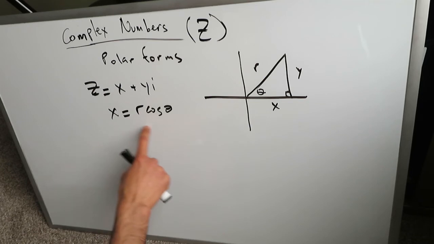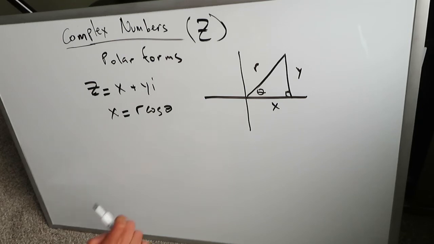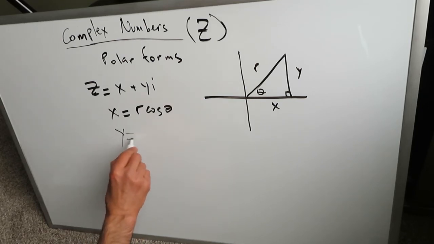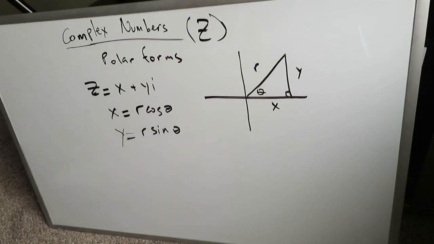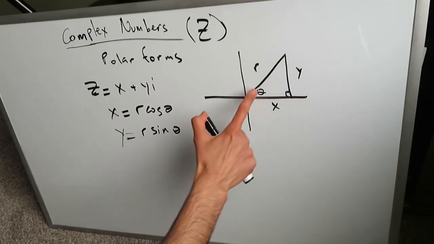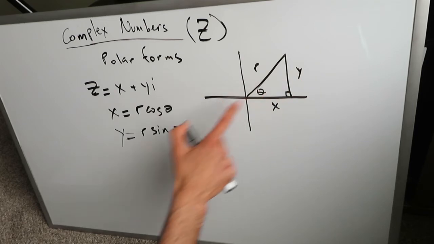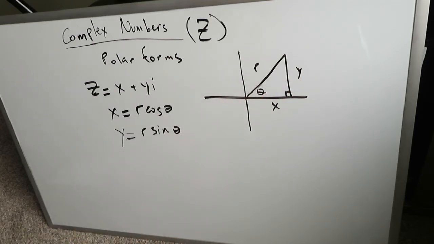Shuffle that around, you'll get x is equal to r cosine theta. Just the basic definition for a cosine function. Now what about y? y will equal r sine theta, right? Again, sine theta is equal to y over r, therefore y is equal to r sine theta. I haven't introduced anything new over here that you don't already know of. I'm just now laying the groundwork for something I'm about to present.